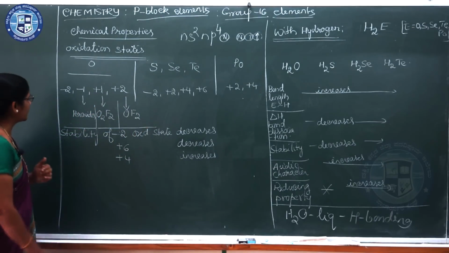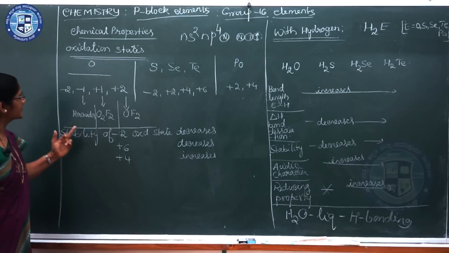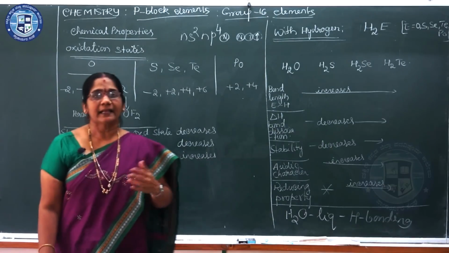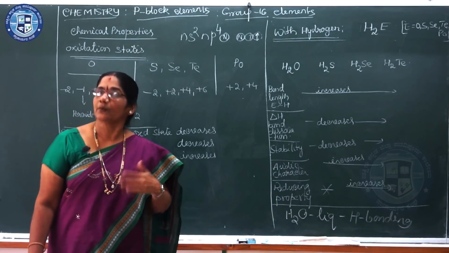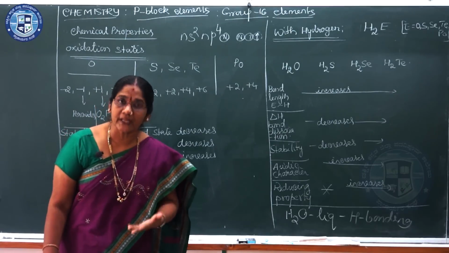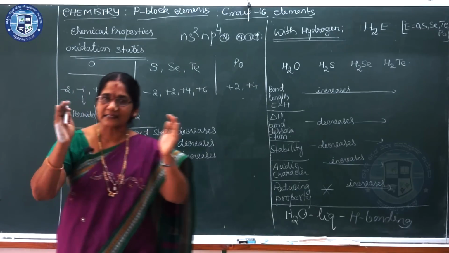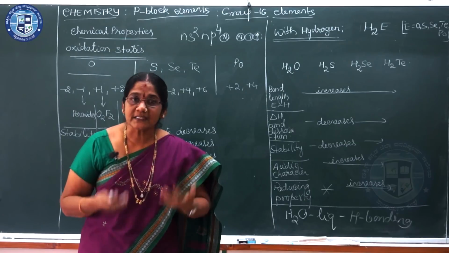Now we will see the stability of these oxidation states. Of course, the stability of the -2 oxidation state, gaining of 2 electrons, decreases down the group. This we have also explained in the group 15 elements, because with the increase in size, gaining 2 electrons becomes difficult.